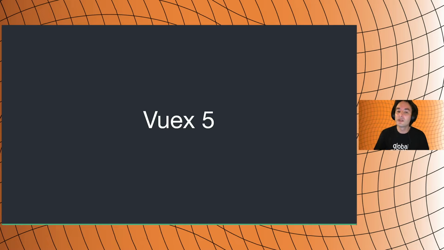Now, let's move to the main topic, Vuex 5. Well, the Vuex 5 idea goes a long way back, almost as old as when Vue 3 development started. We had a Vuex improvements proposal RFC published once, but then Vue 3's new reactivity system and Composition API came out, and we dropped the Vuex RFC so that we could rethink how Vuex works, especially with Vue's new reactivity system and Composition API.